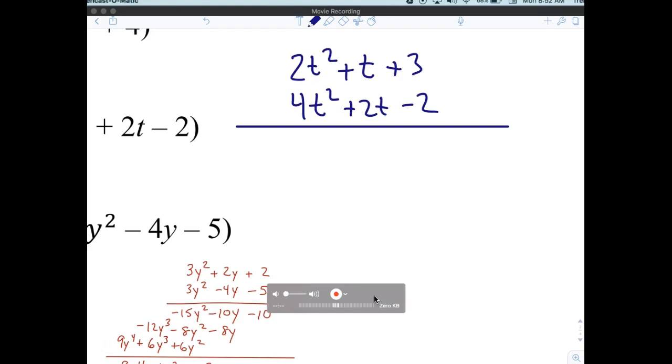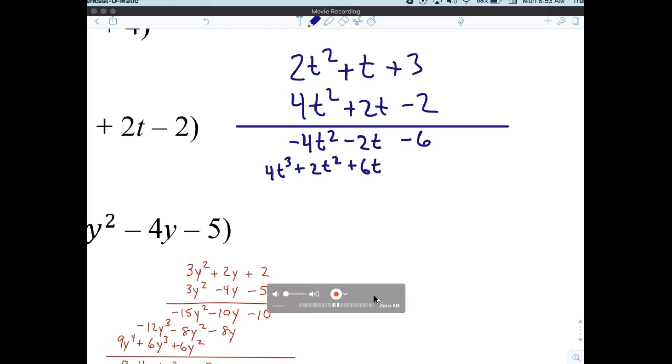So in this case, it would be -6. Then it would be -2t. Then it would be -4t squared. Then a positive 6t, and then a positive 2t squared, and then a positive 4t cubed.